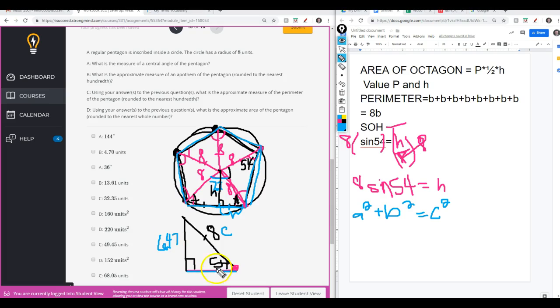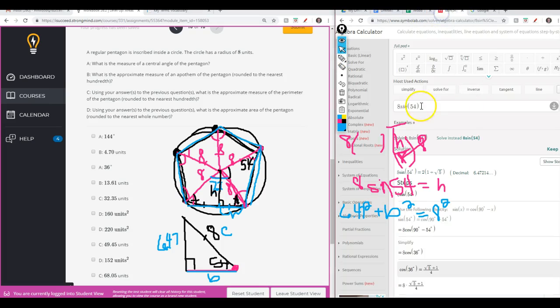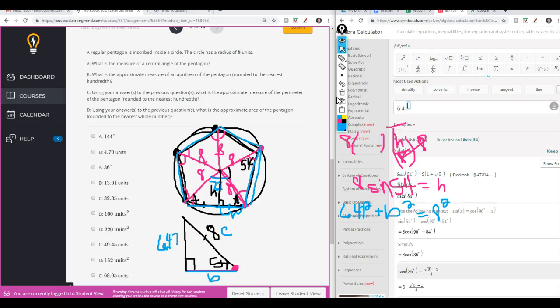The a and b don't matter, so I can label this as b and just solve for b. So then I'm going to substitute in the values for a and c. A was 6.47 squared and c was 8. So I'm going to type that into my symbol lab. We have 6.47 being squared plus our b being squared is equal to our 8 being squared.